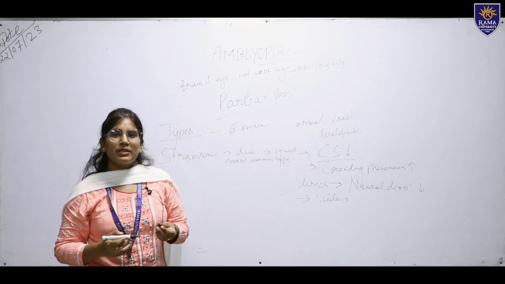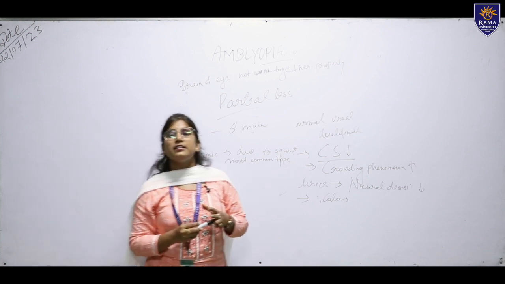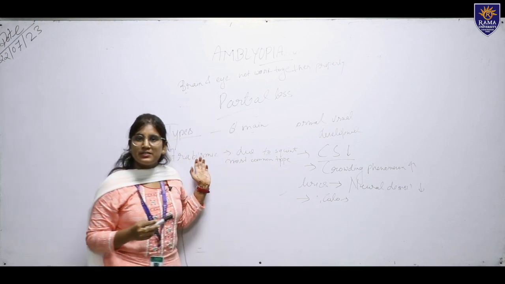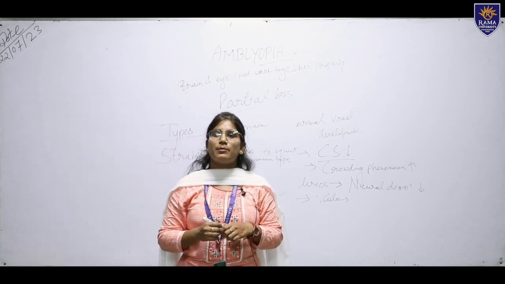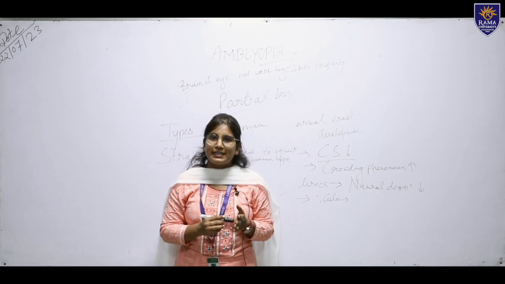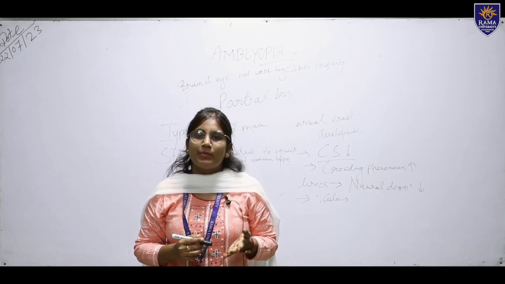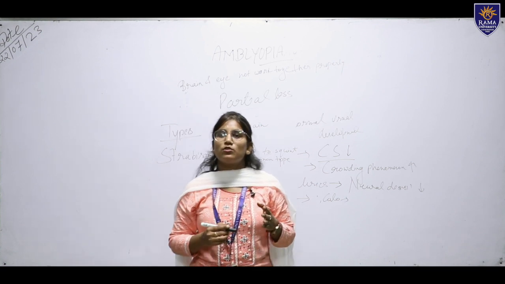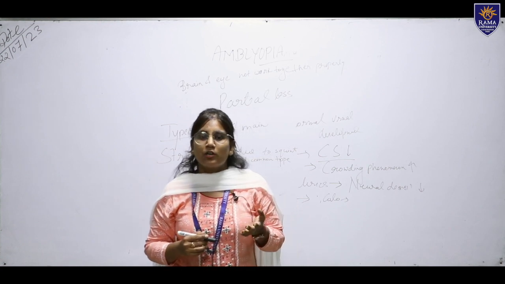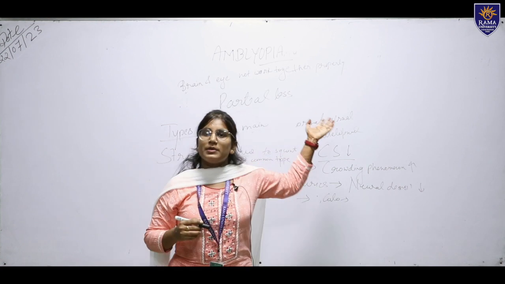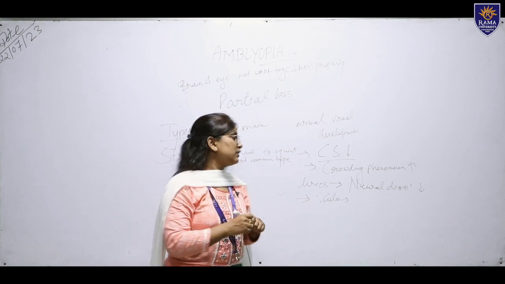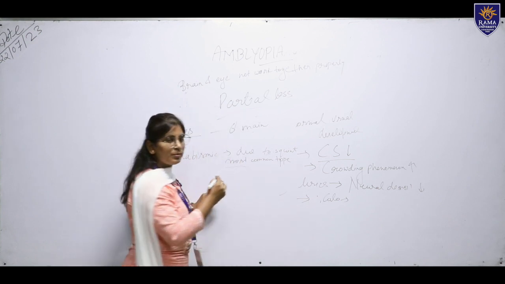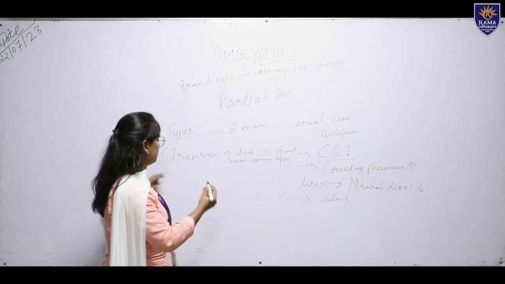It is the most common type of amblyopia, and in strabismic amblyopia, esotropia is more common than exotropia, because as discussed earlier, amblyopia develops from birth up to 6 years, and esotropia is more common in children.